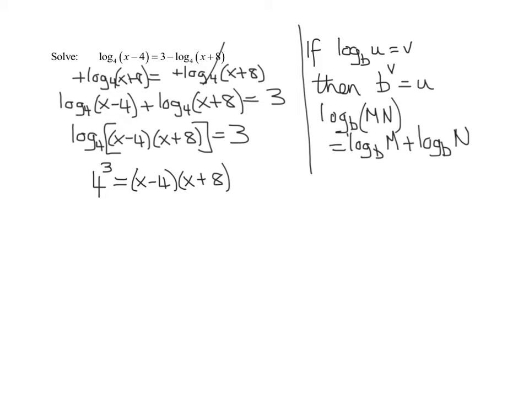Remember, all I'm using is if this is true, then this is true: b raised to the v equals u. So 4 raised to the third power equals this product.